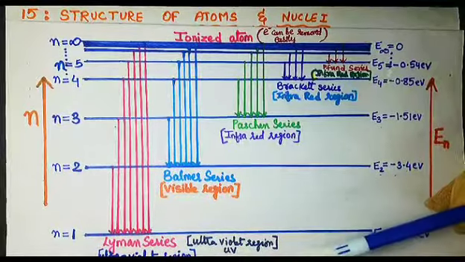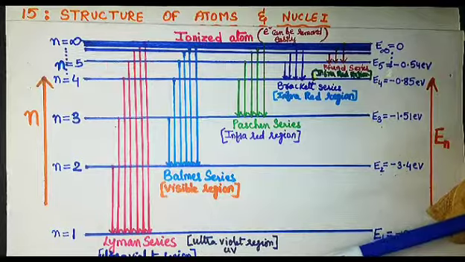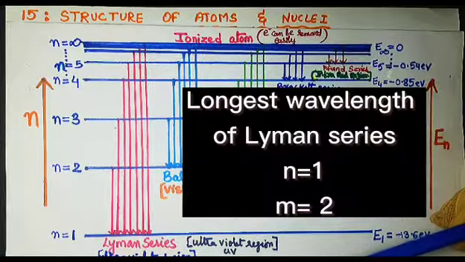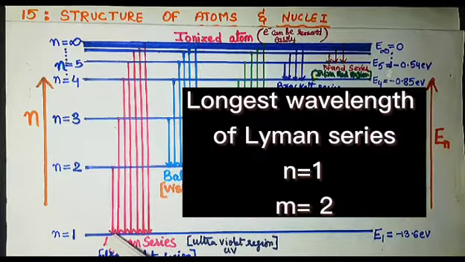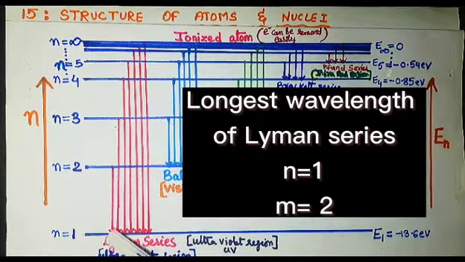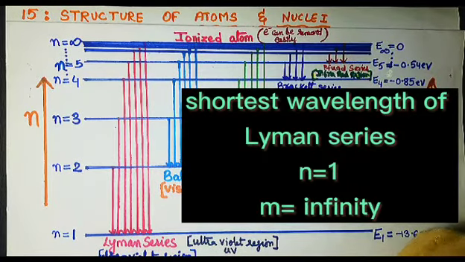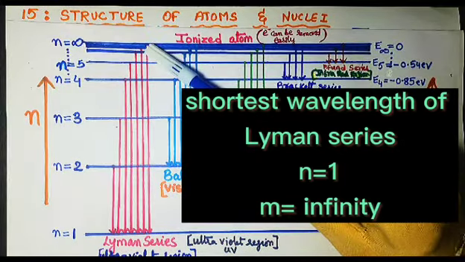Thus you can find the longest wavelength and the shortest wavelength of Lyman series. For the longest wavelength of Lyman series, n is equals to 1 and m is equals to 2. Now for the shortest wavelength of Lyman series, n is equals to 1 and m is equals to infinity.